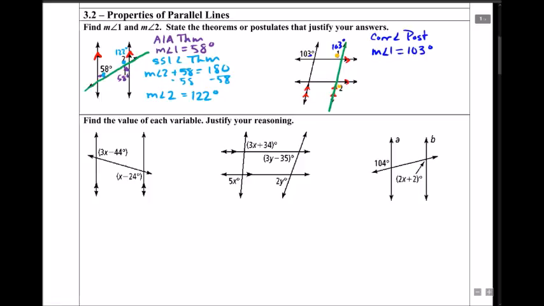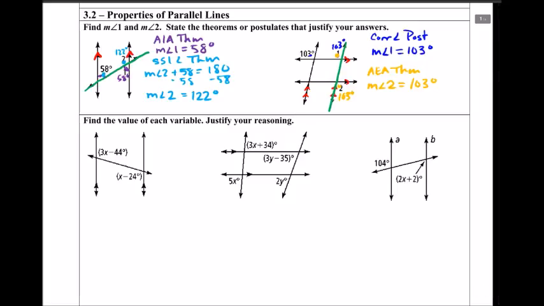And how do those angles relate? Those are alternate exterior angles, and the alternate exterior angle theorem says that alternate exterior angles, when they are on parallel lines cut by a transversal, are congruent, so we can say the measure of angle 2 is also 103 degrees. So we can go in and label that as well.